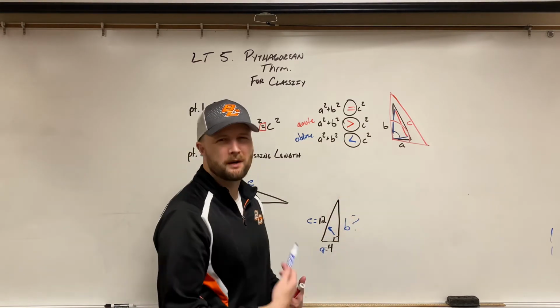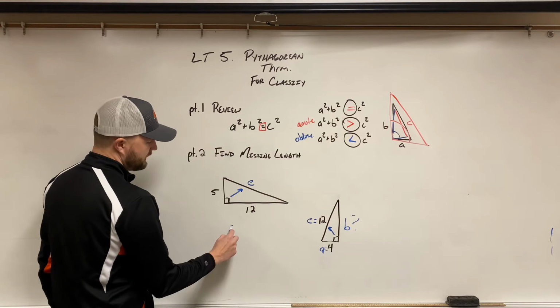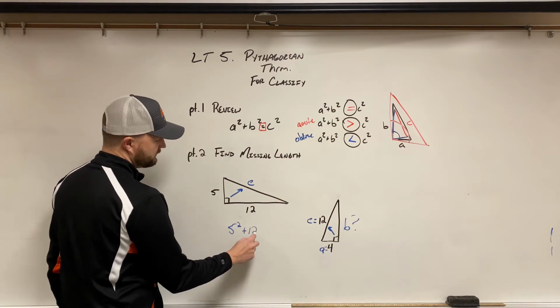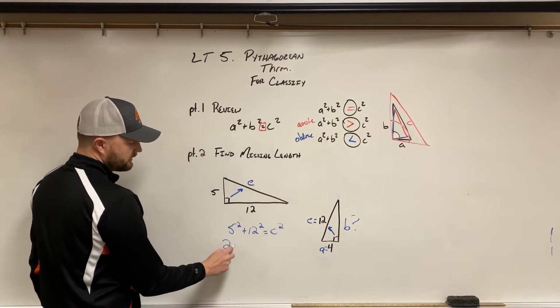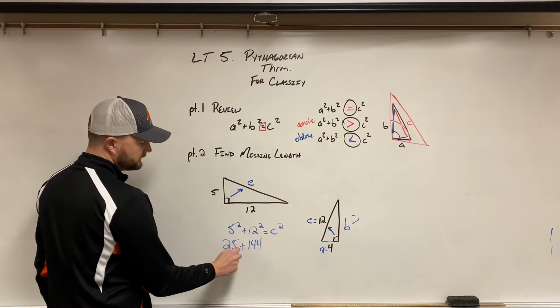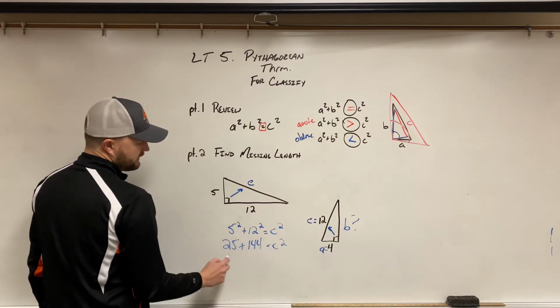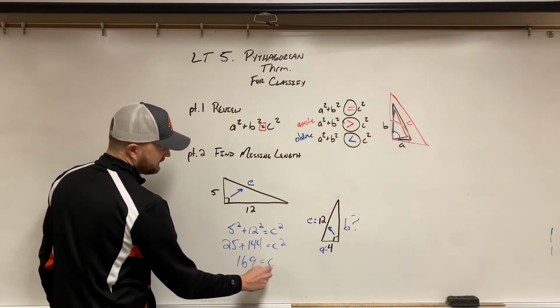So could we work backwards to solve that? Anyways, doing this one, we would have 5 squared plus 12 squared equals c squared. 5 times 5 is 25. 12 times 12 is 144, equals c squared. 25 plus 144 would be 169 equals c squared.